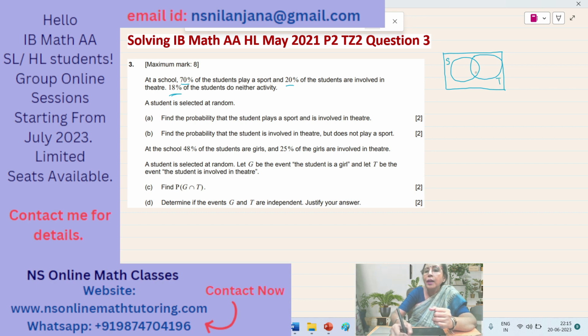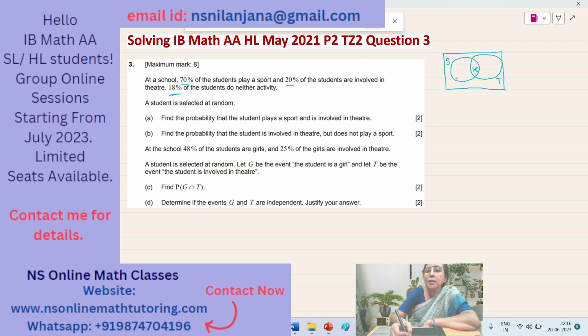This is T. And this is the overlapping region. We do not know what is the percentage of students who are participating in both the activities. So I am taking this part as X. And instead of taking the percentages, I am converting them to probabilities.